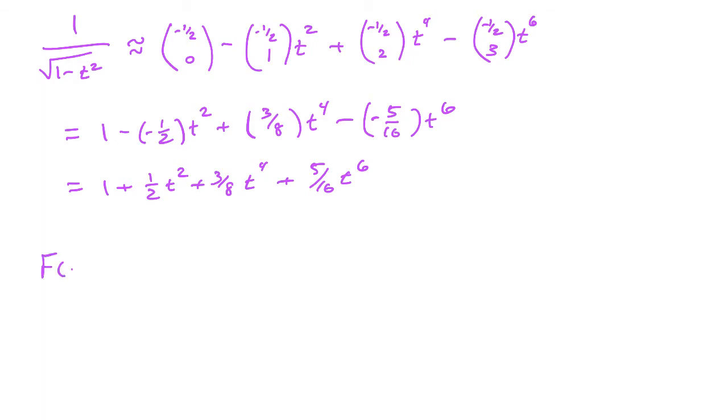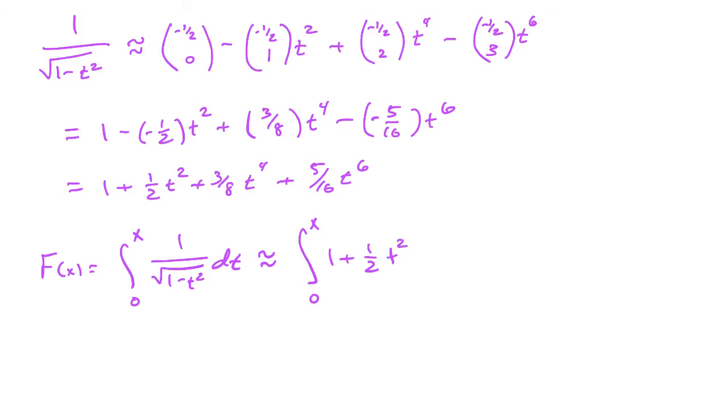If we have our function f of x being the integral from 0 up to x of 1 over the square root of 1 minus t squared dt, then this is approximately the integral from 0 up to x of the 4 terms of our series: 1 plus 1/2 t squared plus 3/8 t to the 4th plus 5/16 t to the 6th dt.